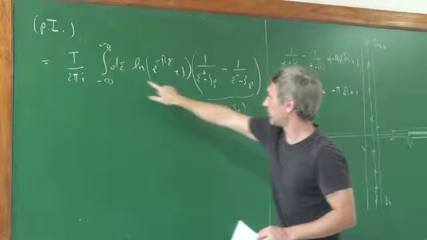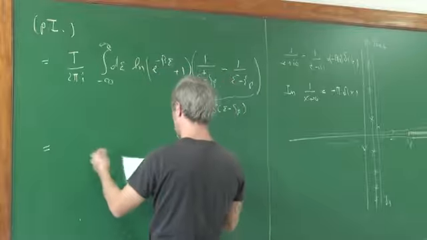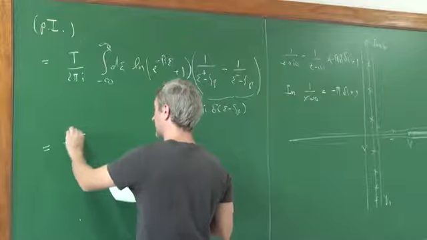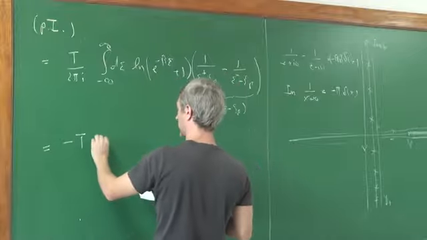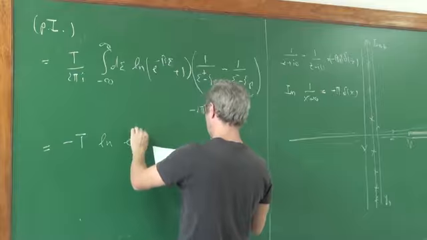So then the integral over epsilon is very simply done, so minus 2 pi i times 2i, hence we get a minus t, and then we get the log of epsilon minus b.